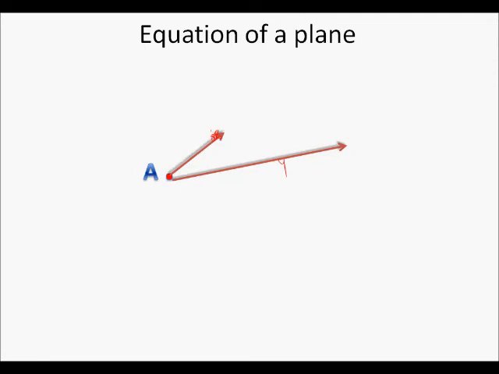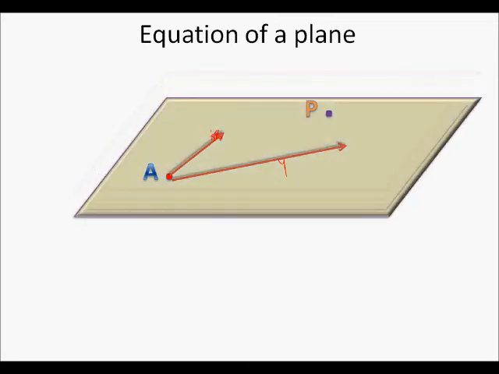These are the three things given to us, and then we move them to that point, and we take a moving point P(x, y, z) and make them all lie on a plane. If I can find the position vector OP, which is R, as we did for a line, then I'm finding the equation of the plane, because P is a moving point all along the plane.